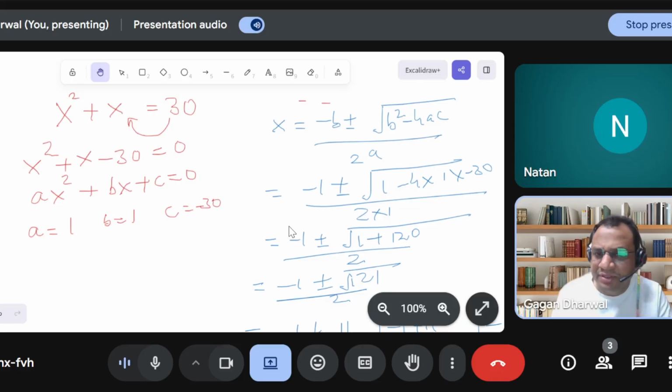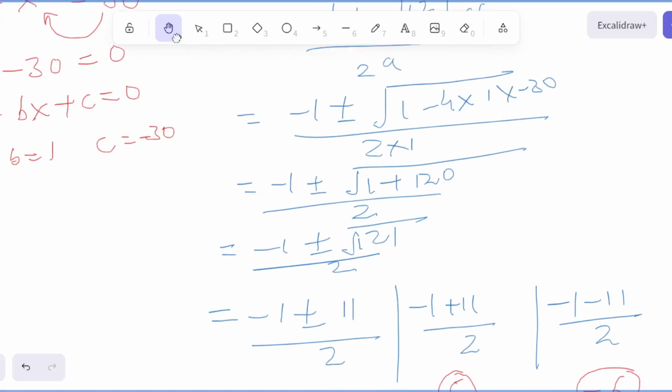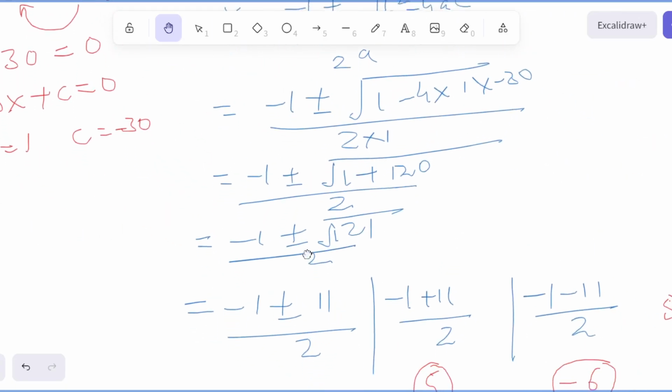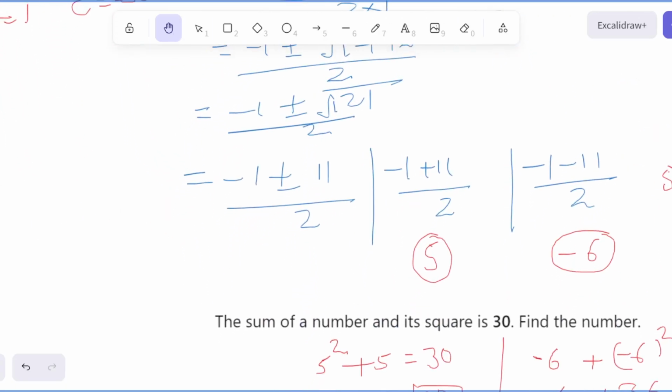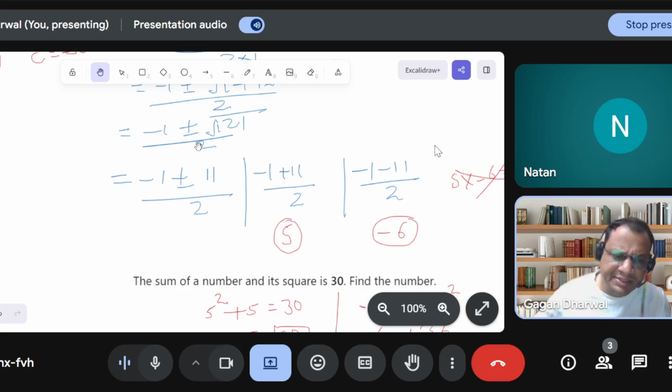We compared it with the standard one, got the values of a, b, and c, and put them into the quadratic formula. Once you put them in, you got the values of x as 5 and minus 6, and we tested whether both satisfy the equation, and both did.